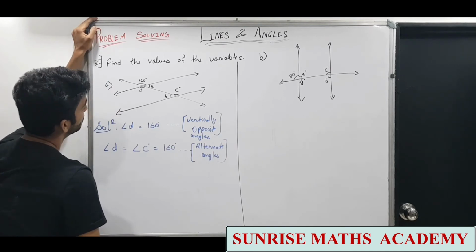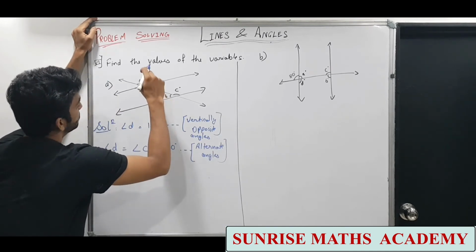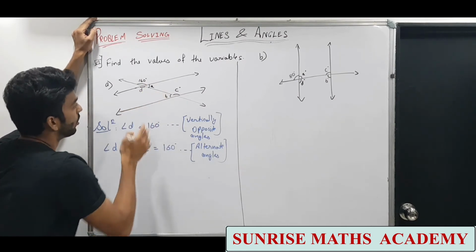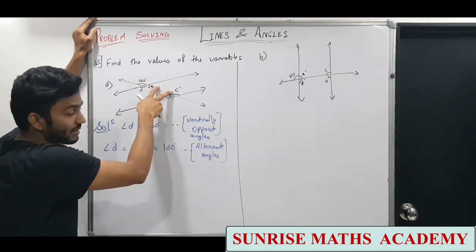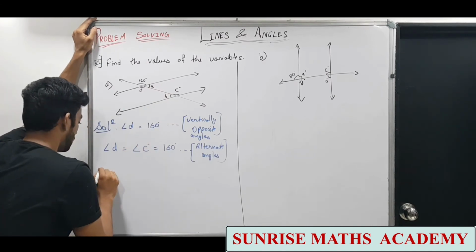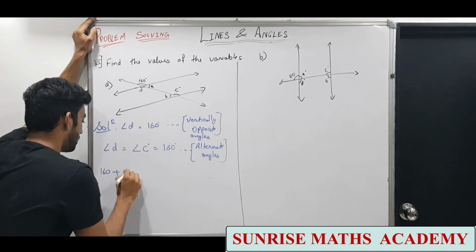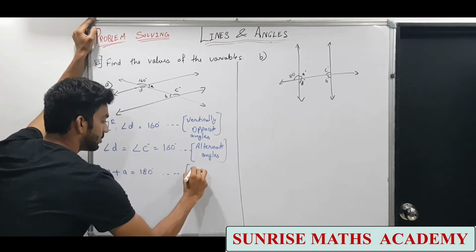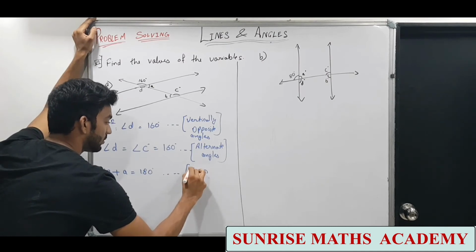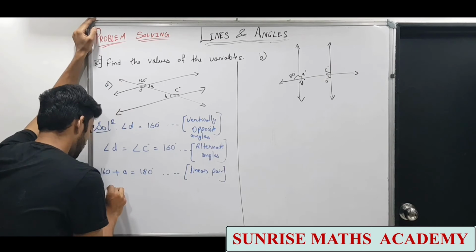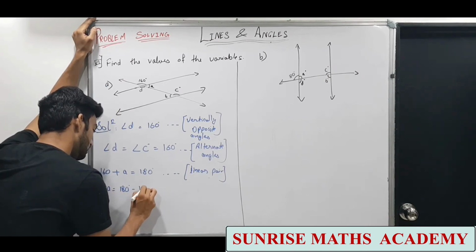Next, we can take 160 and this as linear pair, or we can take C and A as interior angles, जो supplementary होते हैं. So we can take 160 plus A = 180. This is linear pair. So A equals to 180 minus 160.